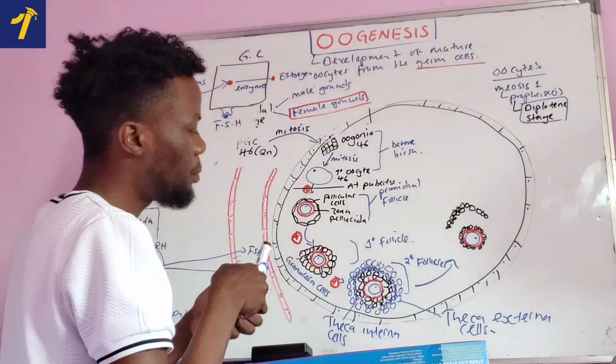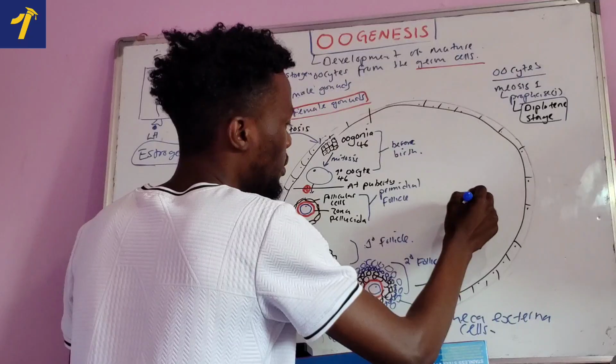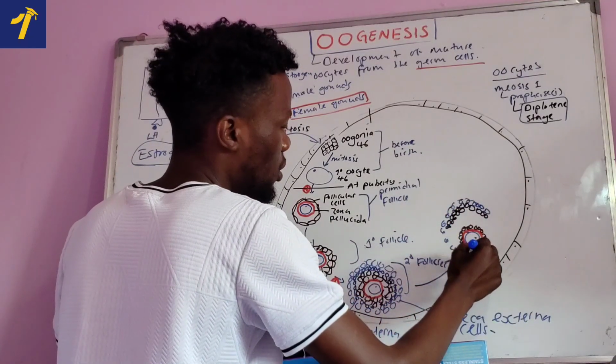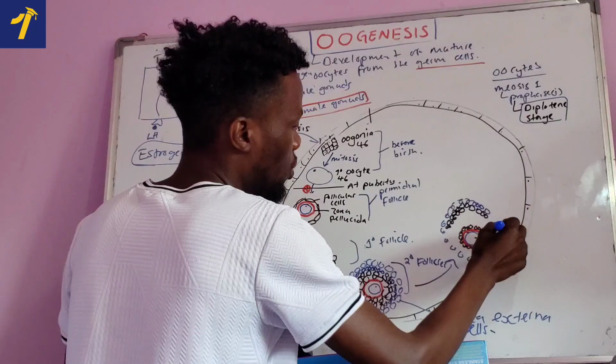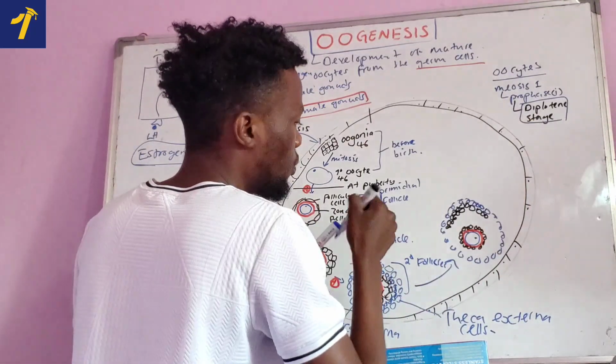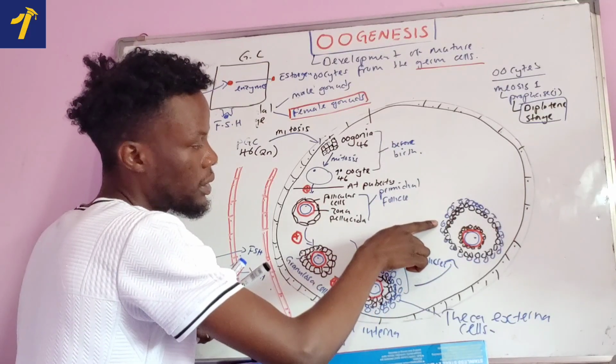Now, there will also be the thecal internal cells and external cells, like that. These are the granulosa cells in black, the theca interna and the externa cells.